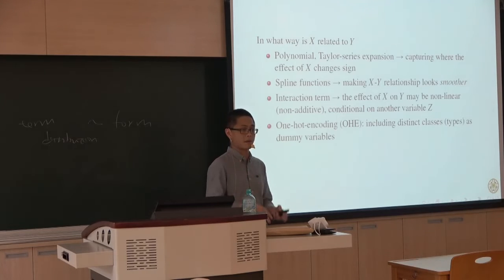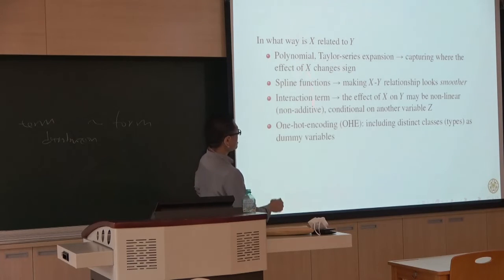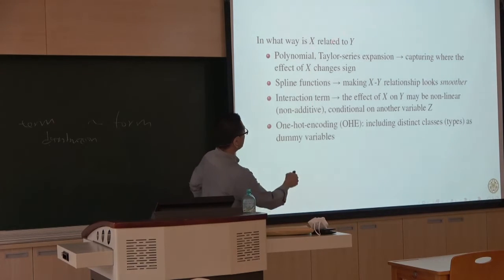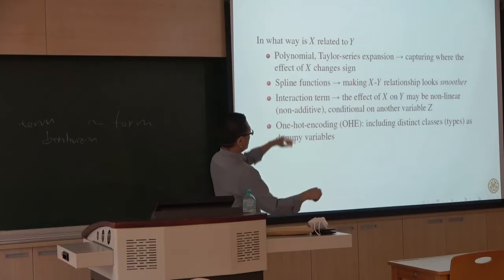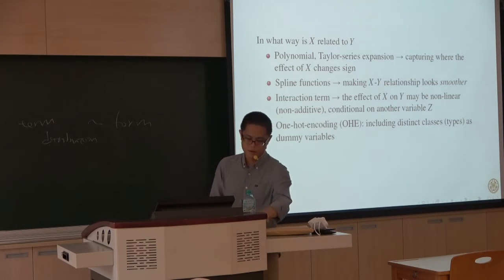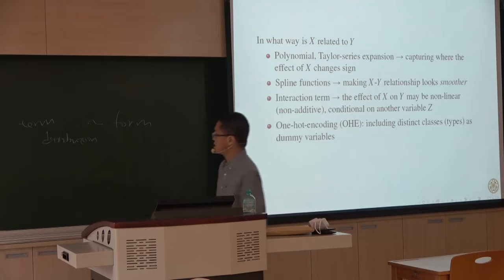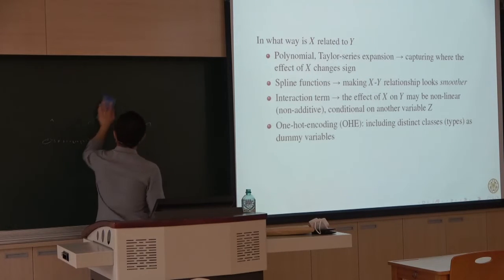We can only approximate that. We can approximate the relationship using a polynomial Taylor series expansion, which captures, for example, at which point the effect of x on y changes sign.